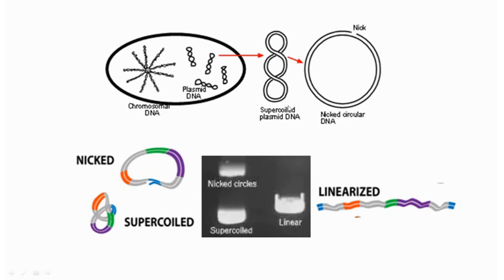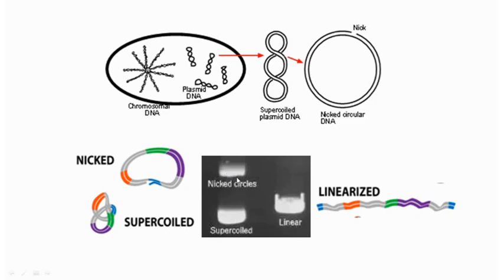and supercoiled molecule. So if you introduce a single nick in one of the strands, this supercoiled molecule will open like this. This is a nicked circular DNA molecule. Now if you run a gel, if you do agarose electrophoresis, after isolating or purifying the plasmids, you can see that there are 2 bands.